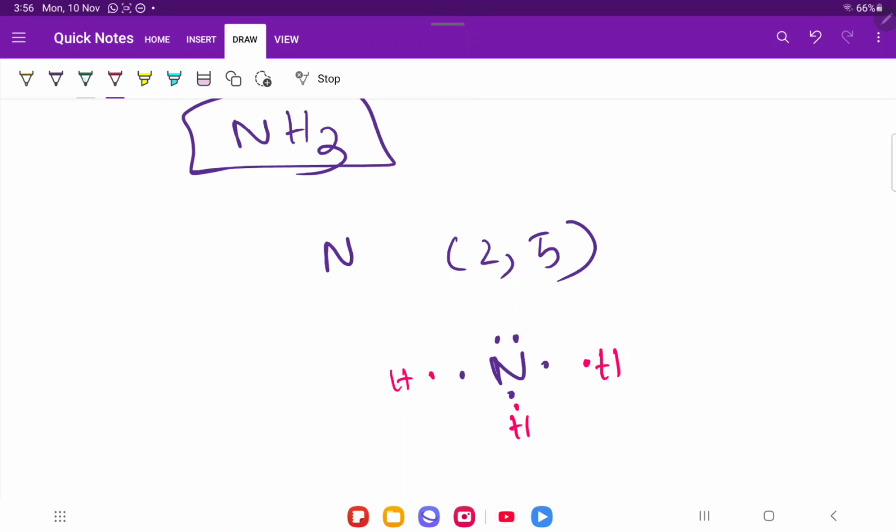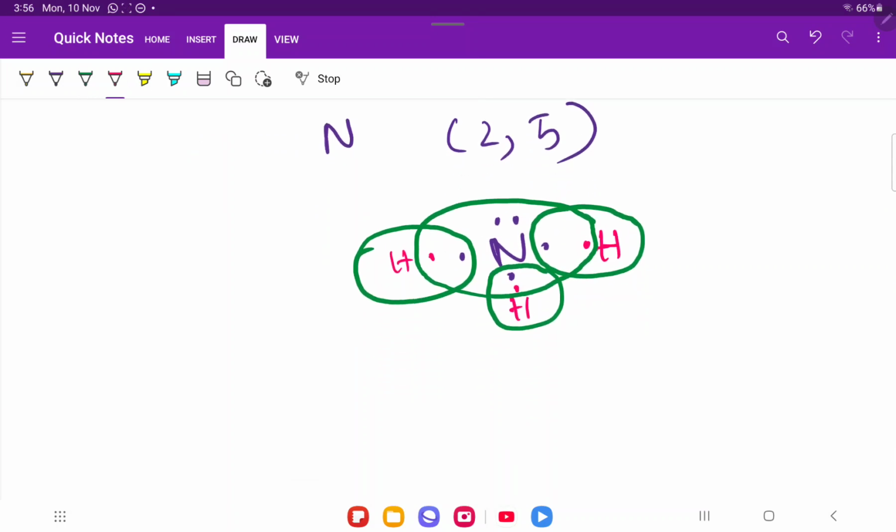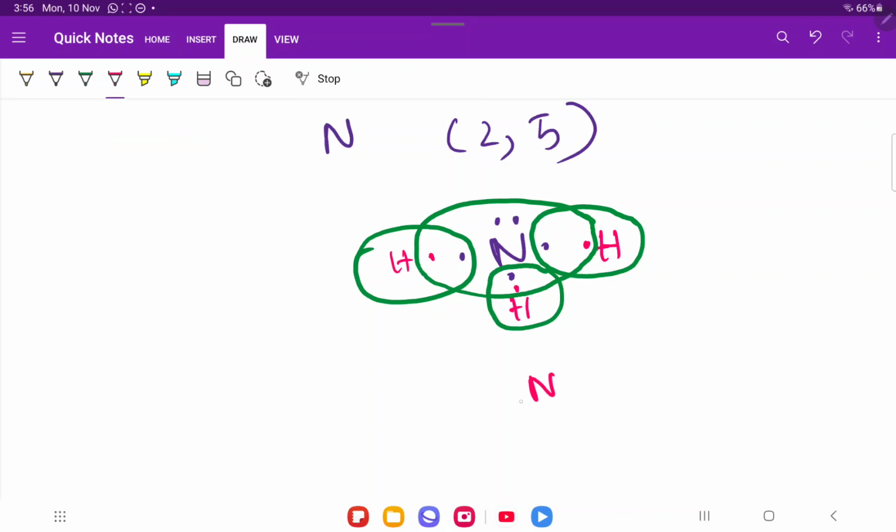So now finally the nitrogen can form 3 single covalent bonds with 3 hydrogen atoms. Okay, so finally how it looks like, this is NH3, but those 2 electrons are not being used.